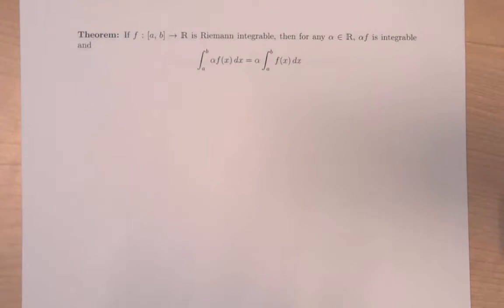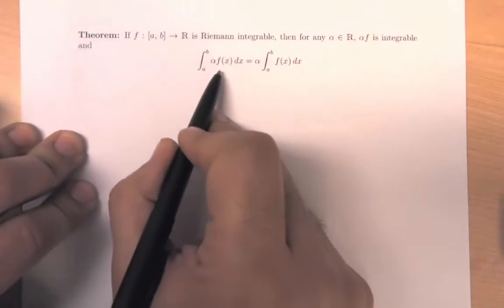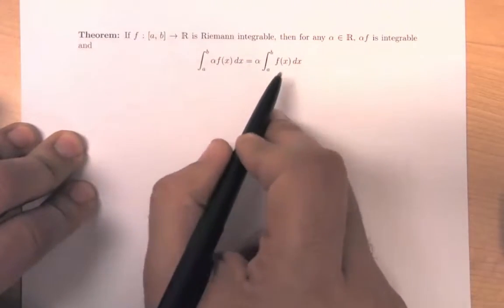Suppose f is Riemann integrable. Then, for any number alpha, alpha f is Riemann integrable, and the integral of alpha f is alpha times the integral of f.